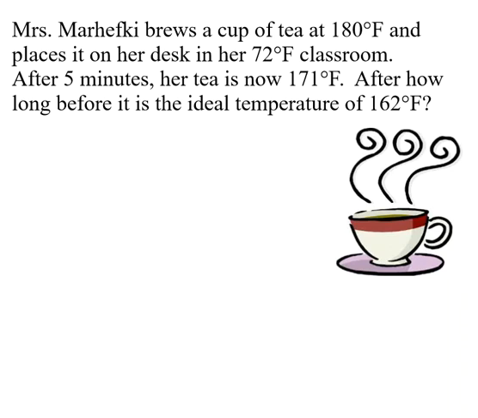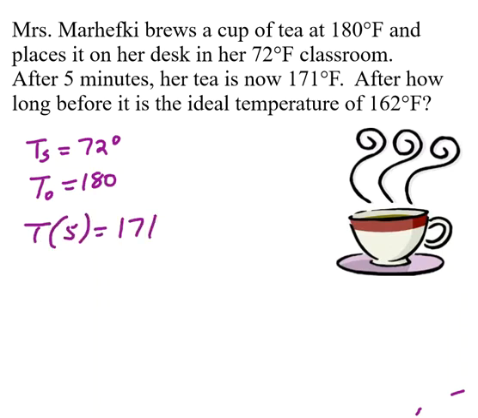So I have my surrounding temperature is 72 degrees, and I also have an initial temperature, and I have T at 5 is equal to 171. So I'm going to use that to help me find my k value, because you can see the difference here is I don't have what k is.